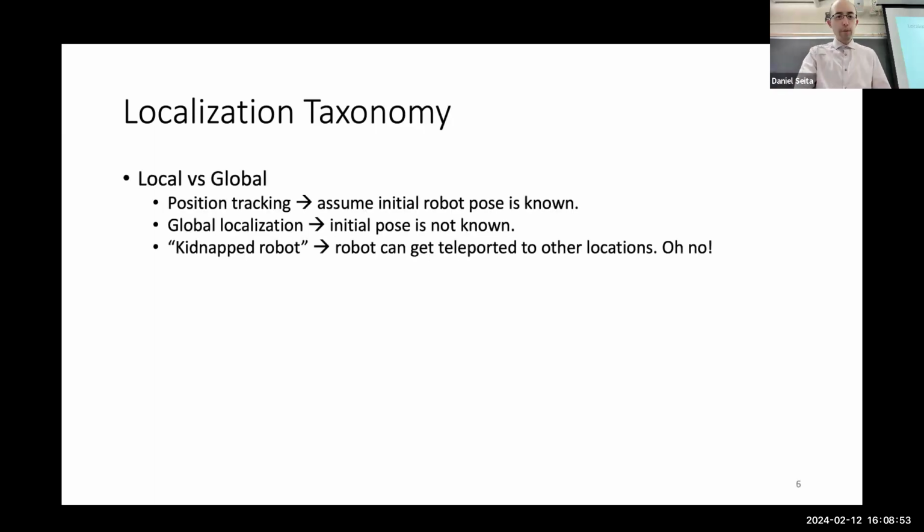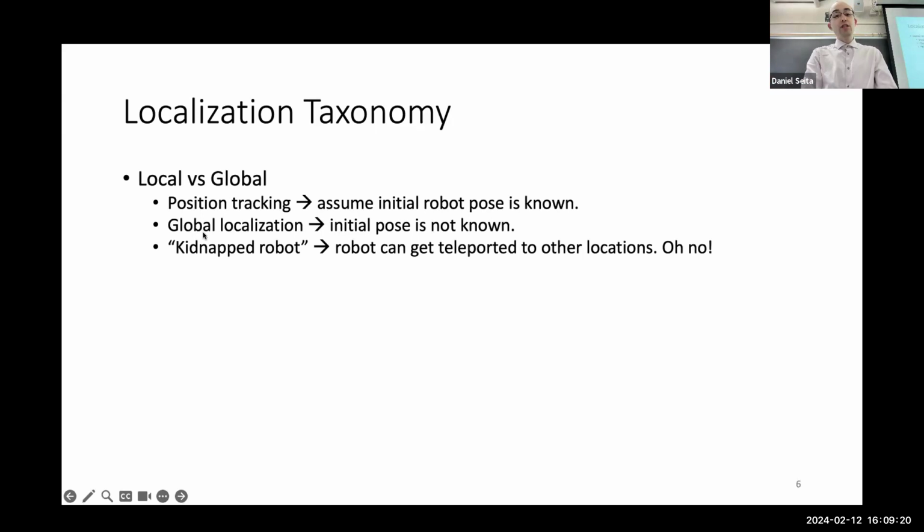All right. So some different types of localization problems include the local problem versus the global problem. Position tracking is where you assume the initial robot pose is known, whereas global localization means you don't assume the pose is known. So, given the map, you might have to assign a uniform distribution to any possible location.